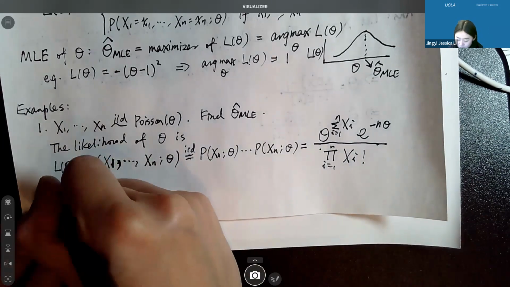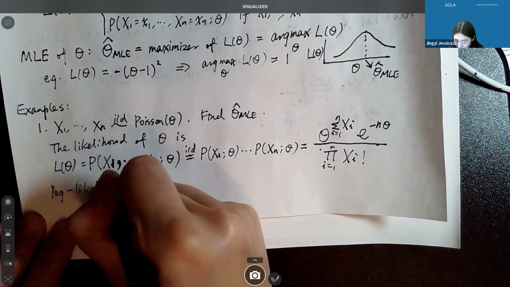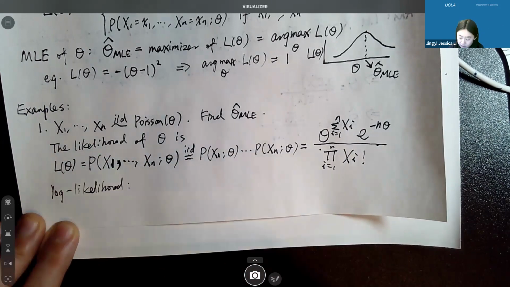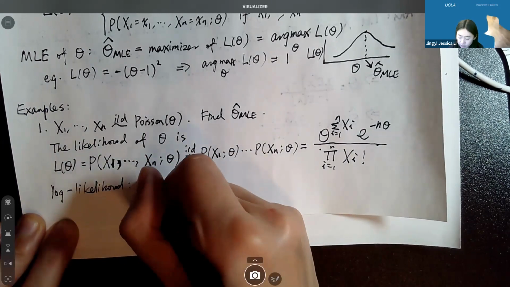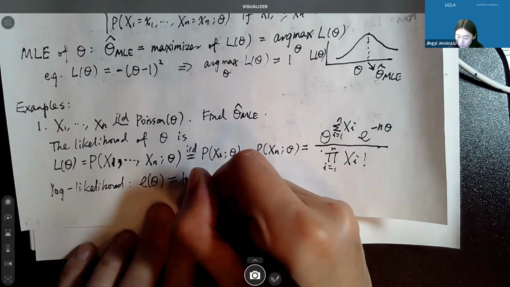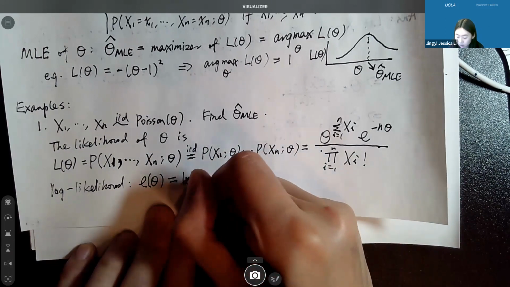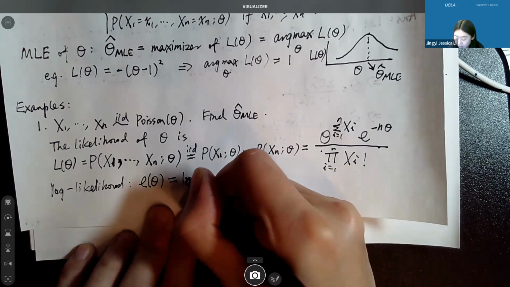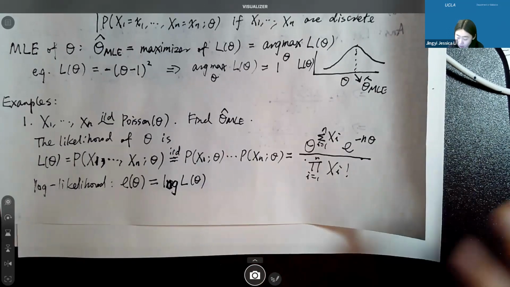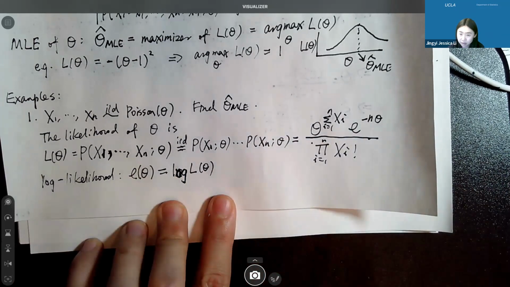So if we take the log likelihood, define it as lowercase l. Lowercase l of theta is defined as the log, or ln, so it's basically the log with base e, of big L of theta. We just didn't write the e here, but it means base e. This log likelihood simplifies the power terms and exponential terms.